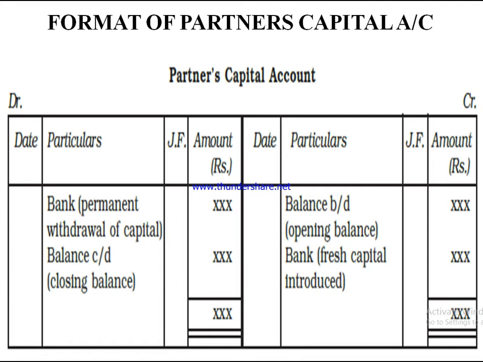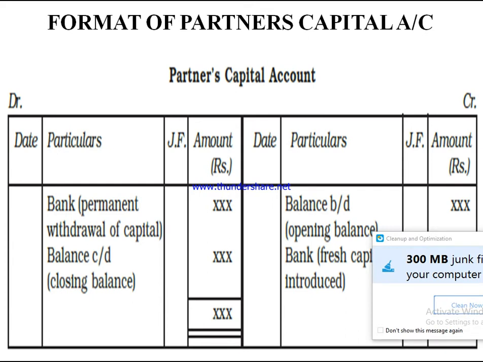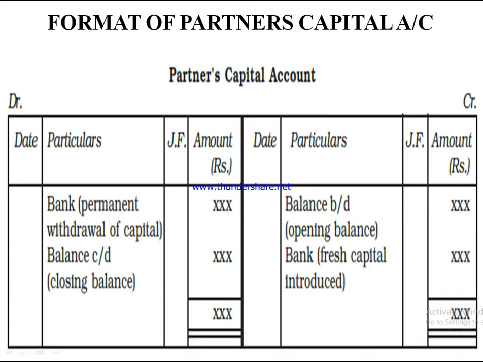We have a date column, particulars column and amount column on the debit side, and again on the credit side we have date column, particulars column and amount column. The capital invested by the partner will be shown on the credit side.